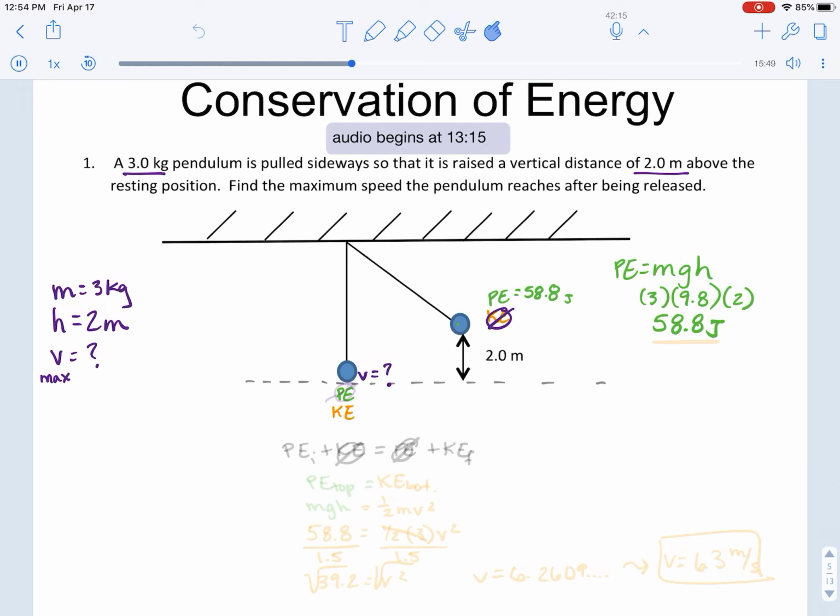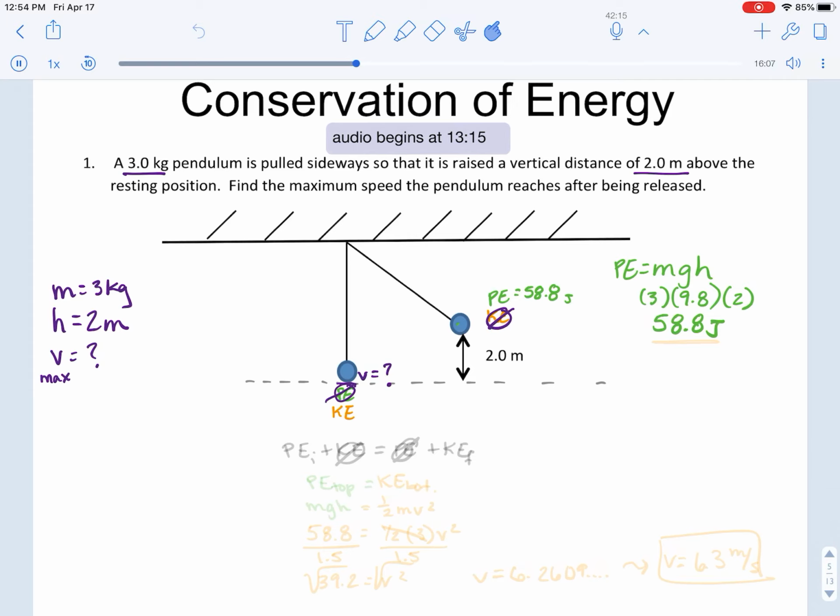So then down here at the absolute lowest point, we are at ground level, so our potential energy now would be a value of 0. I don't know how much kinetic energy my object has, but it must have some amount of kinetic energy in order to have that velocity.